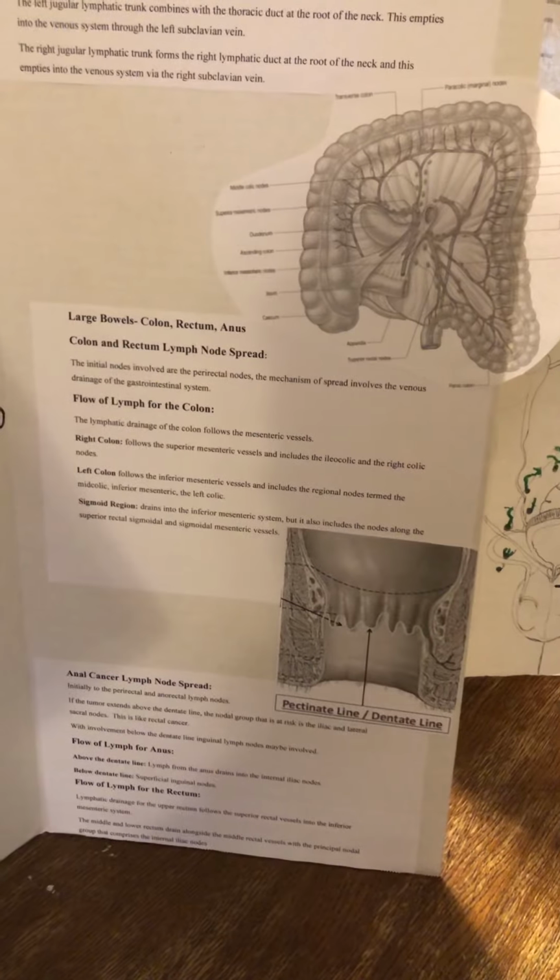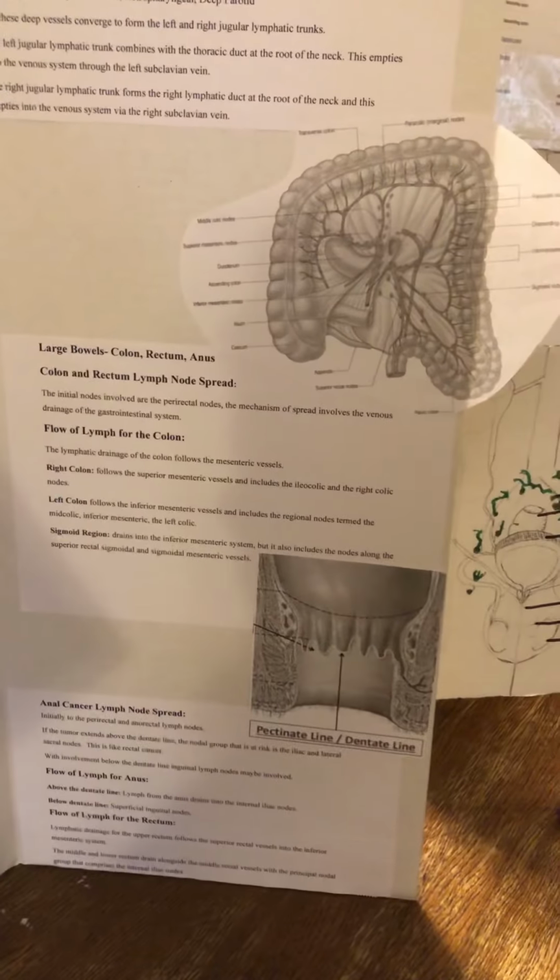Flow of lymph from the colon. The lymphatic drainage of the colon flows from the mesenteric vessels. The right colon follows the superior mesenteric vessels and includes the ileocolic and the right colic nodes.